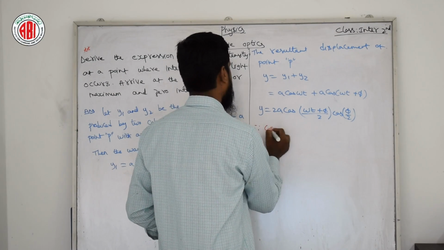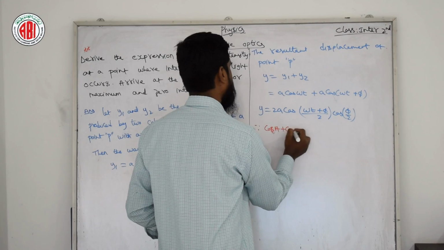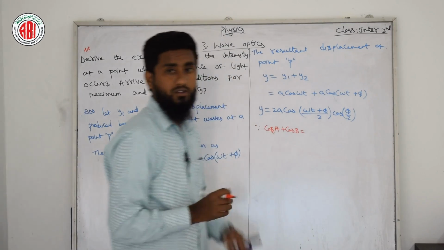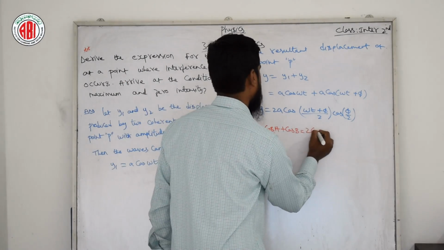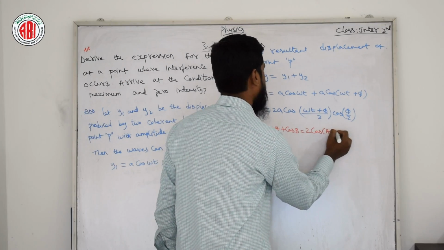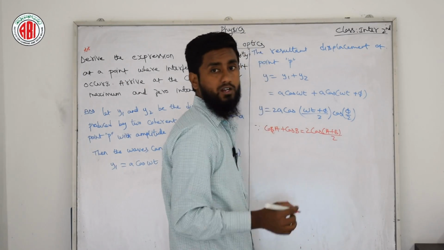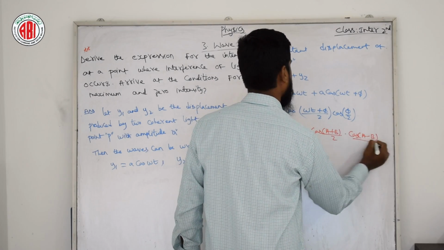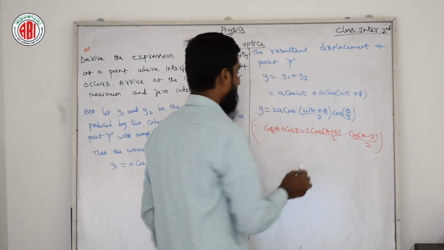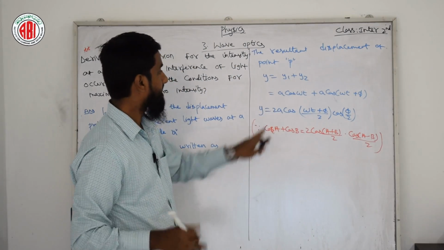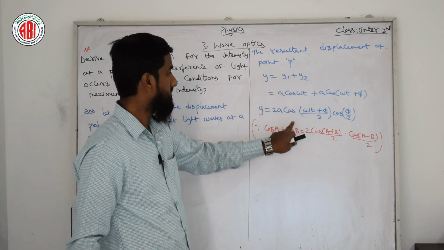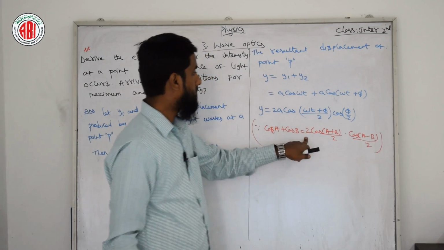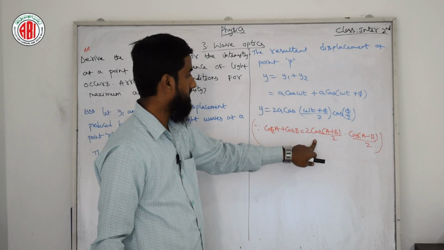Cos a plus cos b is equal to 2 cos (a plus b)/2 into cos (a minus b)/2. So similarly you can see from here, 2 cos stays as it is, cos itself.